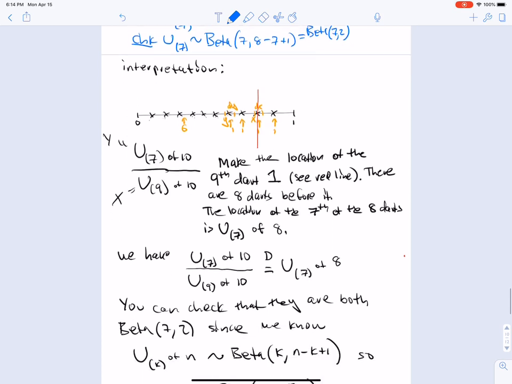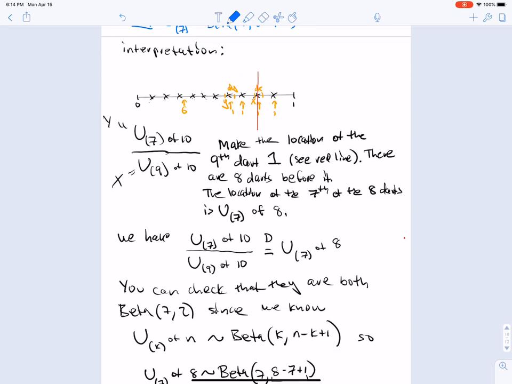Interpreting this is as follows. When we look at Y over X, we're essentially making the ninth dart our new 1. That leaves 8 darts to the left of it, of which we want to find the 7th, and we want the distribution of the 7th.